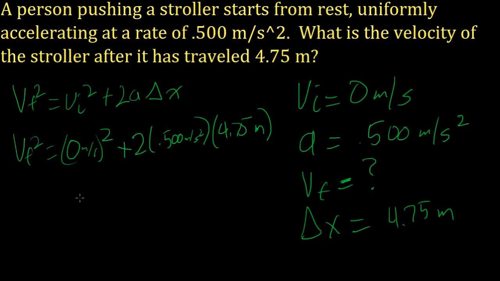Okay, so simplifying this, Vf squared equals 0 squared, 0, so that can drop out. 2 times 0.5 times 4.75.